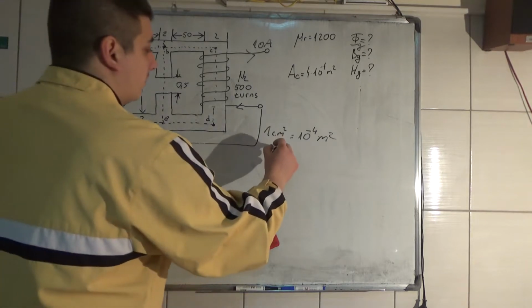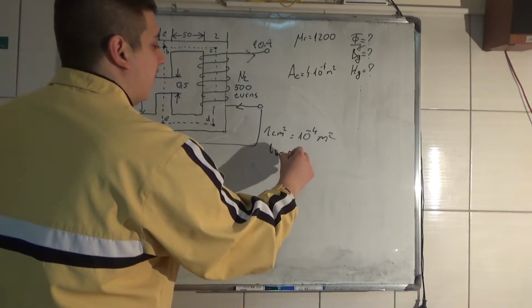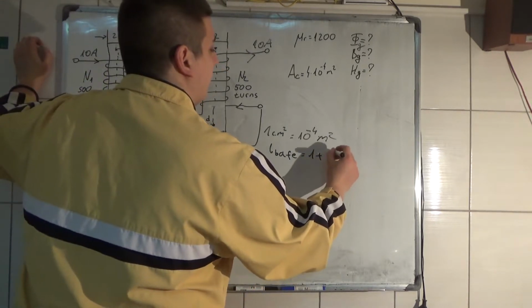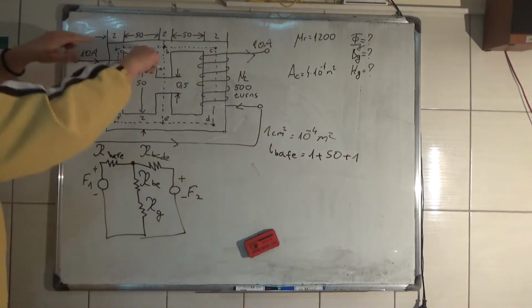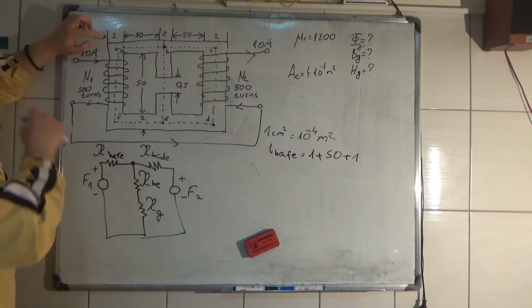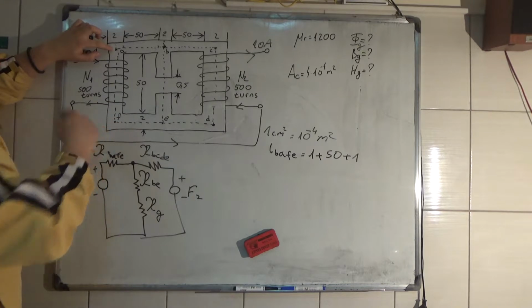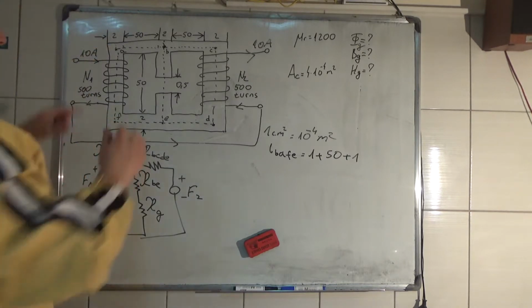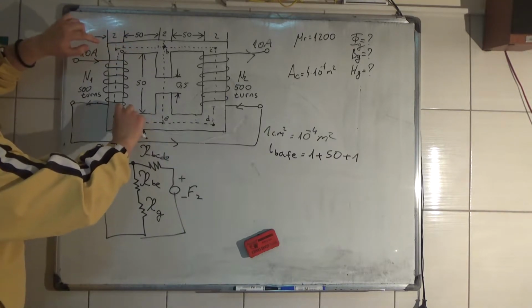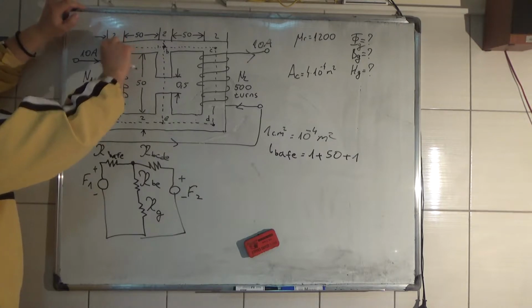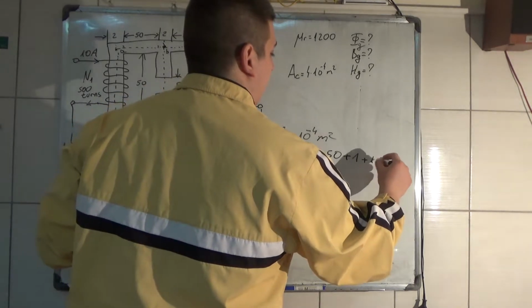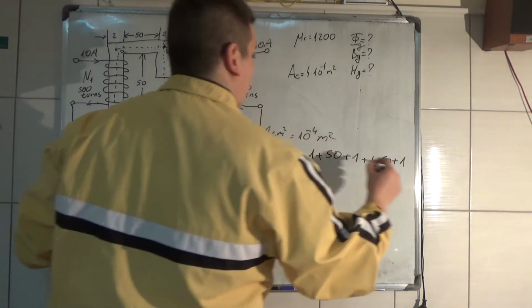So it's equal to 1 plus 50 plus 1. Now we measured in the upper branch the length here. Now we have to measure from here to here, which is the same thing. From here to here we have 50 centimeters plus 1 millimeter here and plus 1 millimeter from here, and we get 1 plus 50 plus 1.